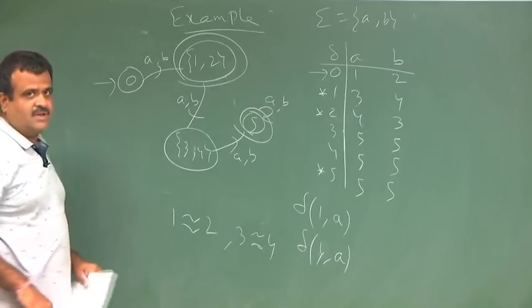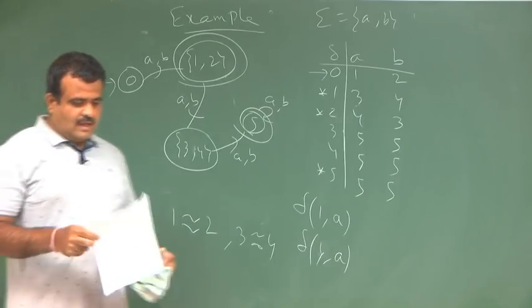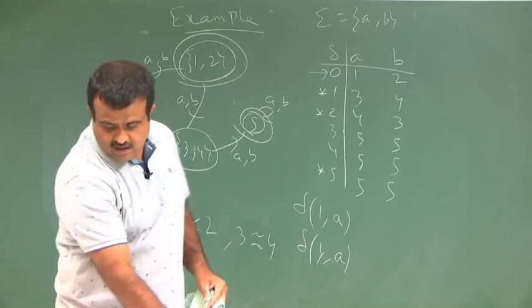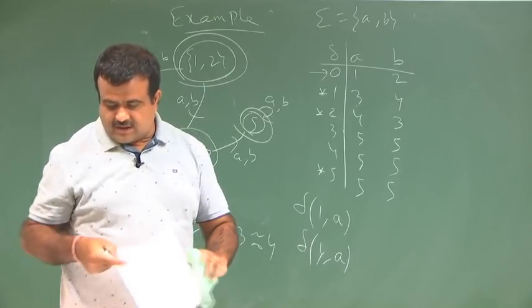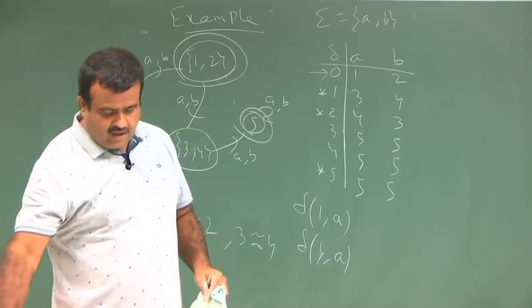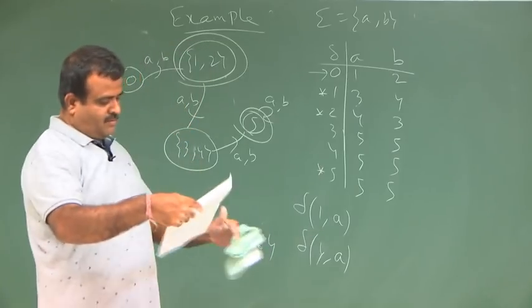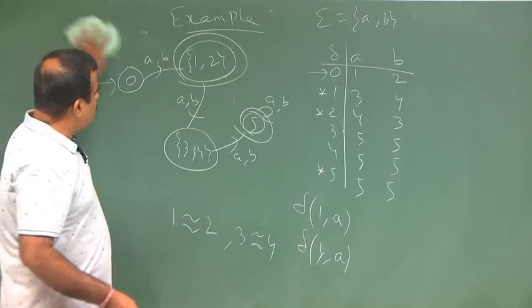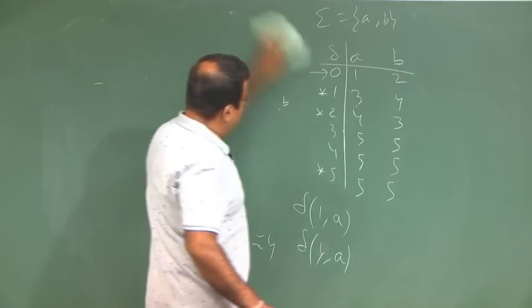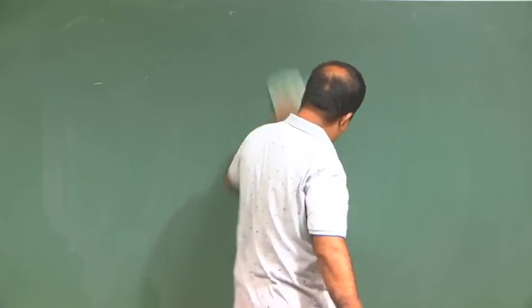So, this is one minimization process using the tabular method, and we can use this to find the equivalence between two DFAs.